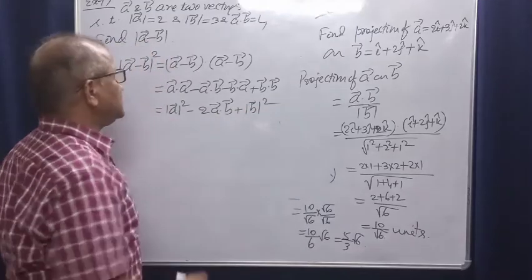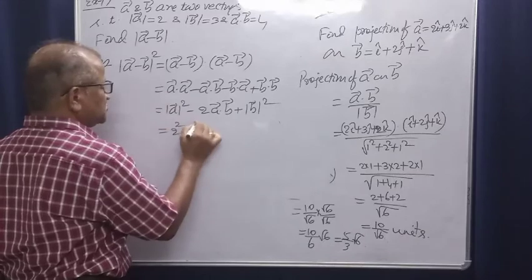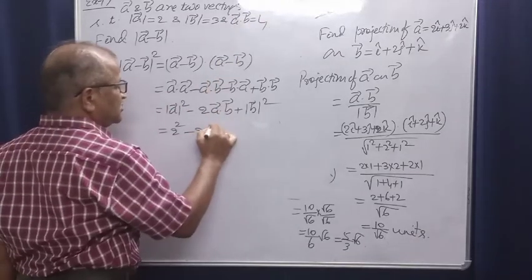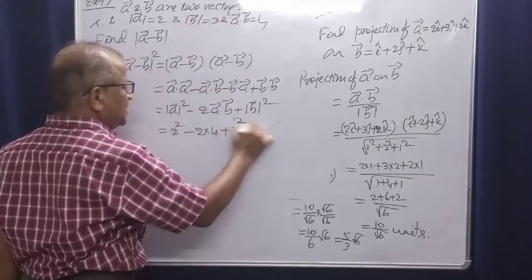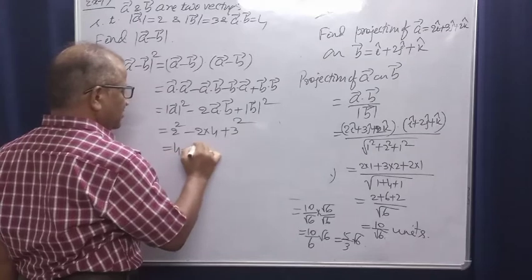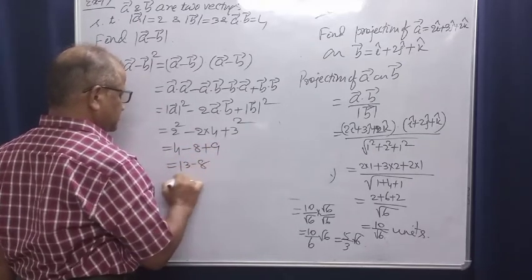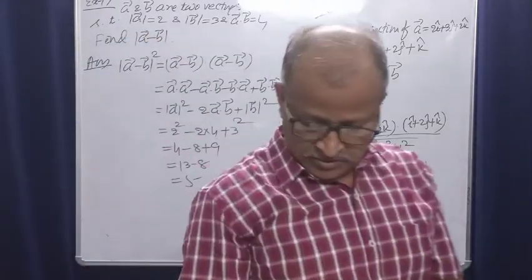All these three quantities are given to us. Magnitude of A is 2, means it is 2 square, minus 2 into A dot B is 4, so it is into 4, plus magnitude of B is 3, means it is 3 square. 4 minus 8 plus 9, 13 minus 8, it is 5, right?